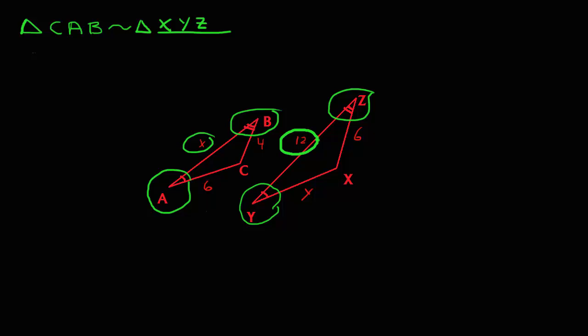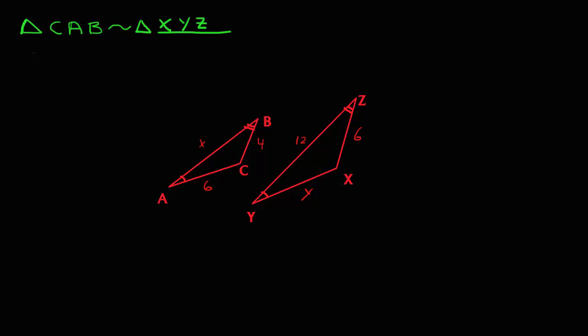And since X is not a number, I can't use the corresponding sides of 12 and X to find my scale factor. So I'm going to keep looking, and I'm going to look at 4 and 6. 4 is between the two tick mark congruency of angle B and the no tick mark of angle C, and my 6 is between the two congruency tick mark for angle Z and the no congruency mark for X. Therefore, those two sides are corresponding.